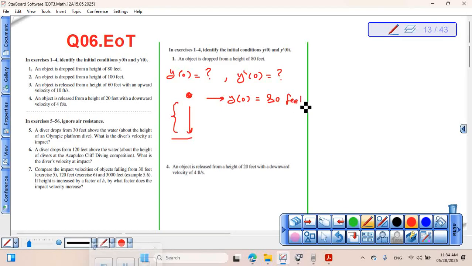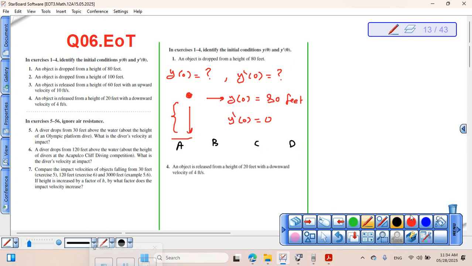This is the answer. And y prime, the initial velocity, is also 0. The question maybe comes as A, B, C, D.